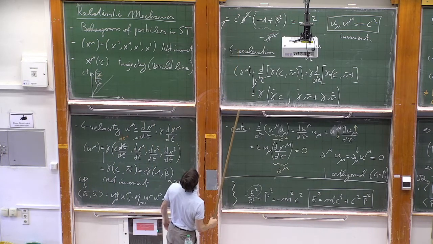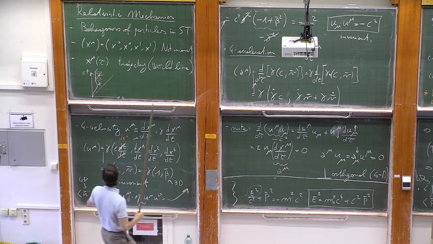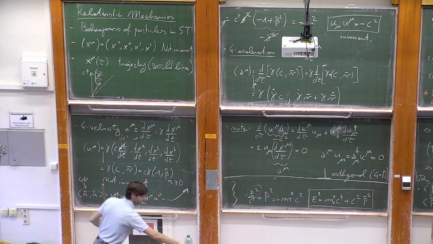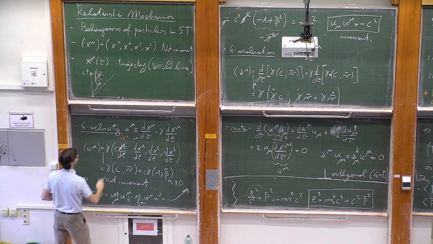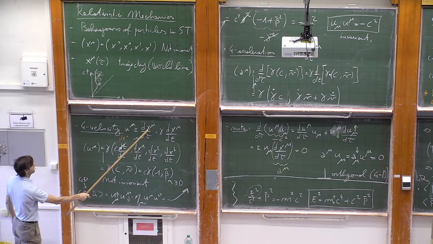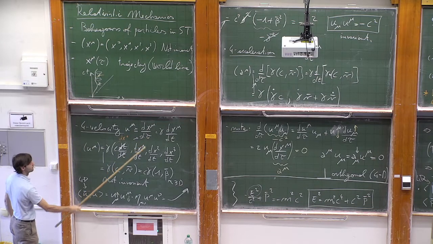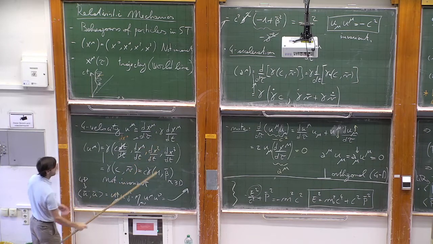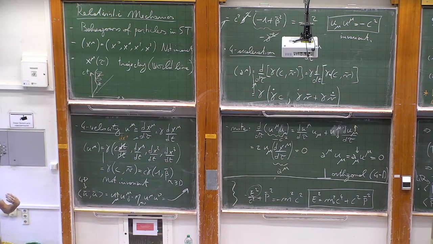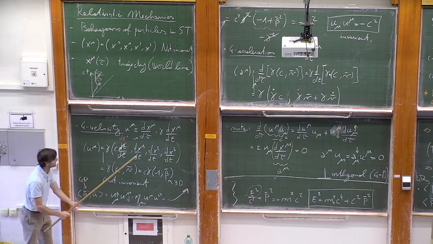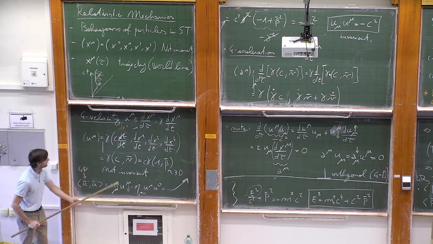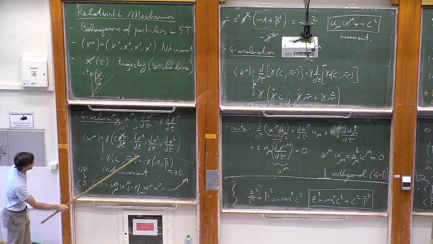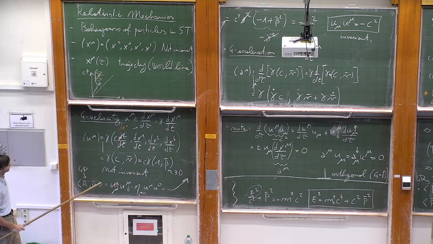Then we defined the four-velocity as the derivative of x mu, the four-position, with respect to the proper time. We expressed the proper time with gamma, such that we have the time of observers not sitting together with the particle, but in another frame, so that we have this gamma factor in front. I gave you the explicit expression for all four components of the four-velocity.